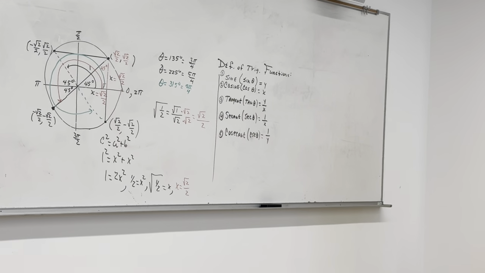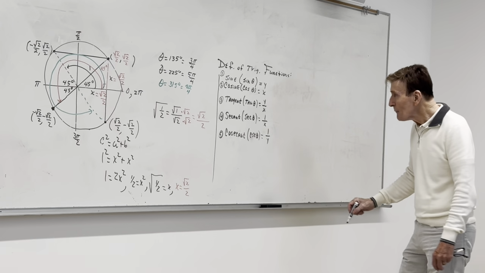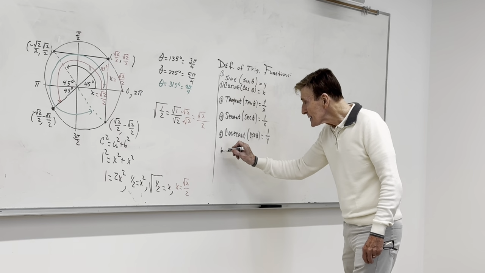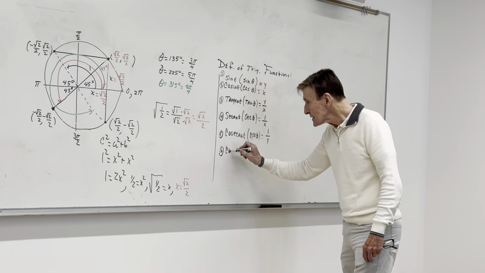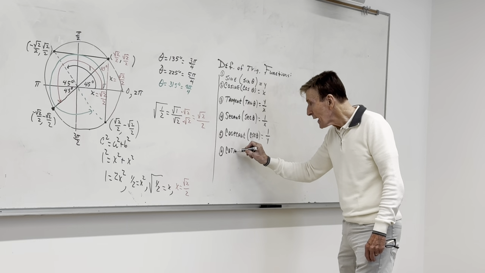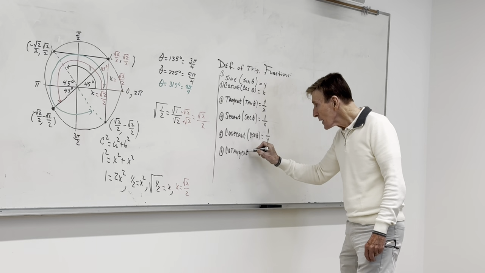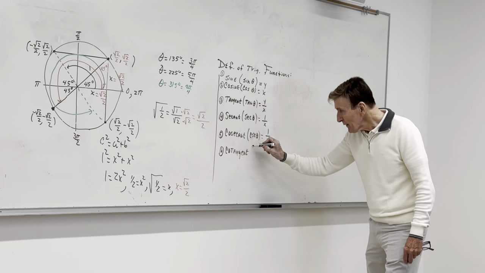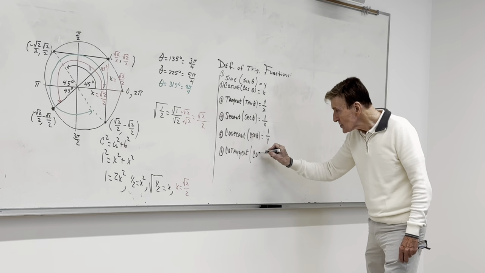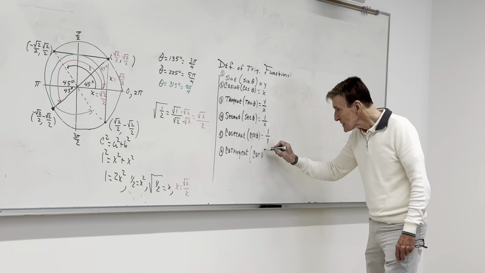Briefest definitions ever. One more, 6 of these. Last one is cotangent. And I'll get out of your way, guys, so all of us can see this. Cotangent, abbreviated, I'm going to use this abbreviation, COT.